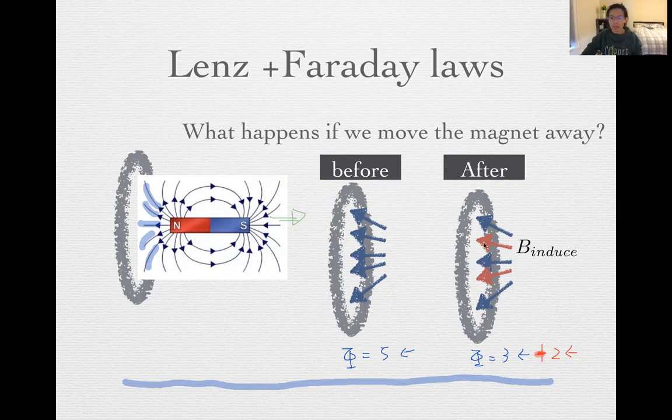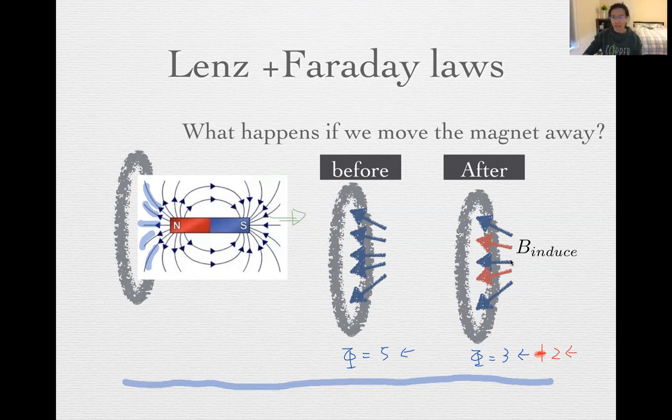You can see that these two red arrows suggest the induced magnetic field by the loop. But how can a loop just arbitrarily create a magnetic field? It cannot, unless it has some current running on it. So to induce these extra 2 magnetic field lines to the left, this ring will induce a current running on it.